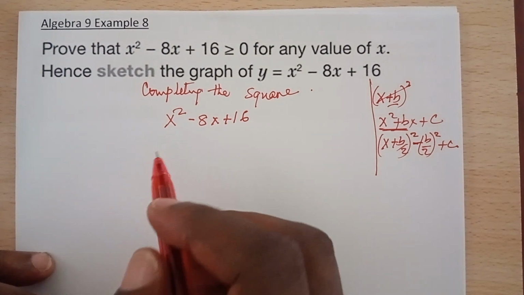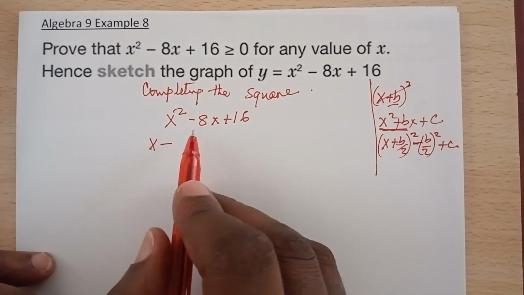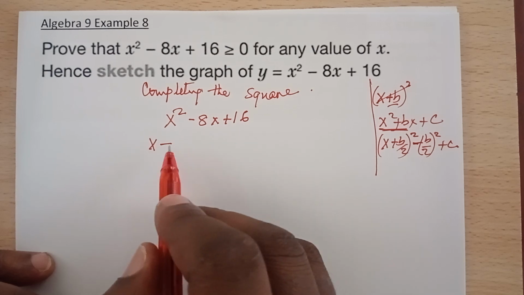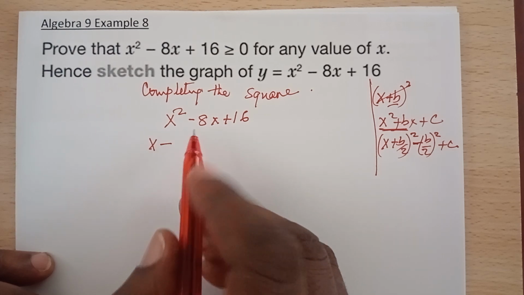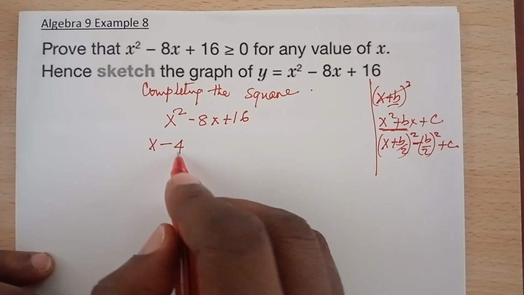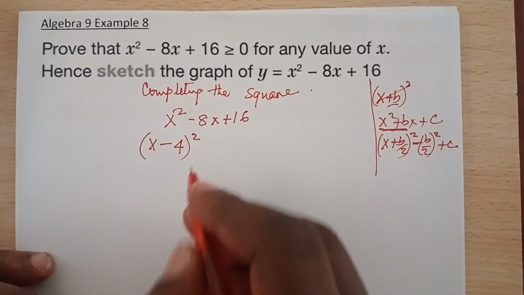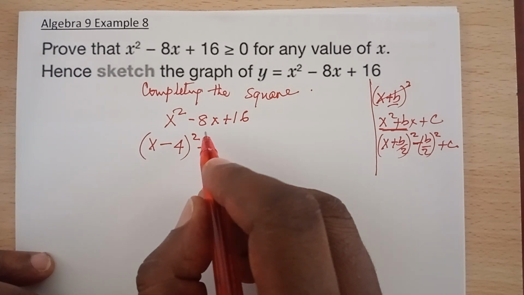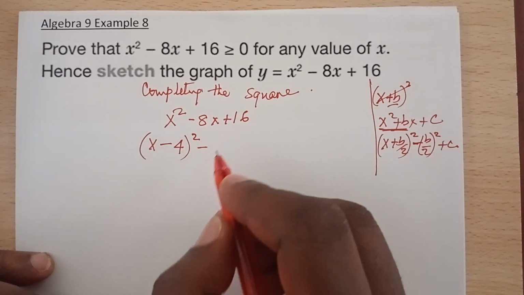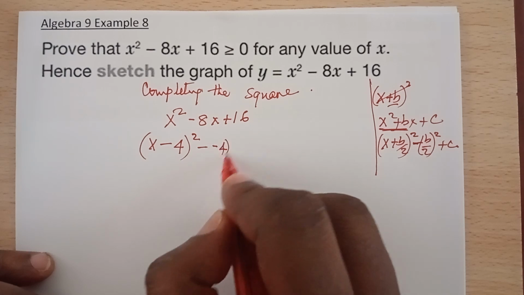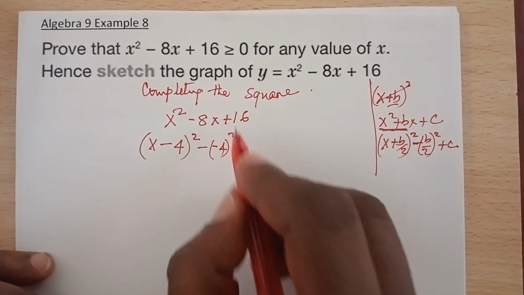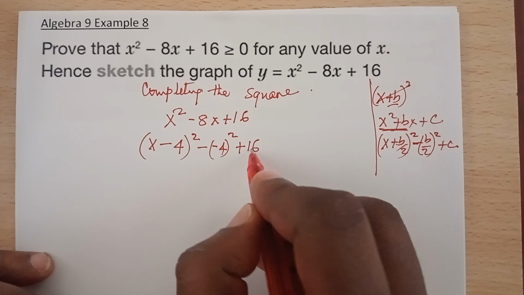And what we are having here is x. Our b is minus 8. So minus 8 over 2 is minus 4, squared, minus minus 8 over 2, that is minus 4 squared, now plus c, plus 16.